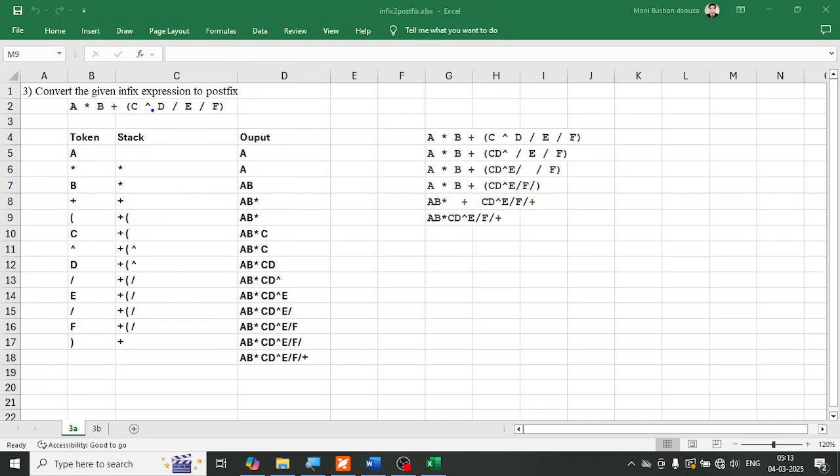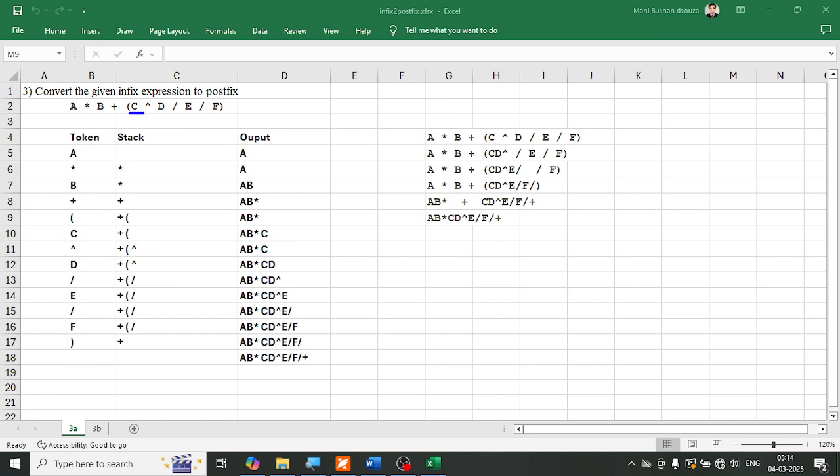Then you have the exponential. Now when you try to put the exponential over here, remember, even though there is a plus here, don't get confused. When there is a bracket, just push this one into the stack. Don't bother about what is outside the bracket, just ignore it, because it is part of the parenthesis, that is the inner expression.